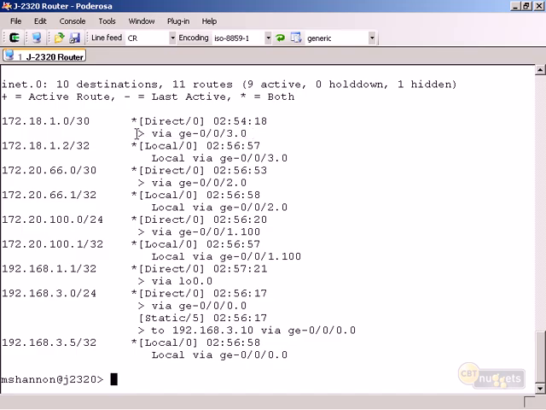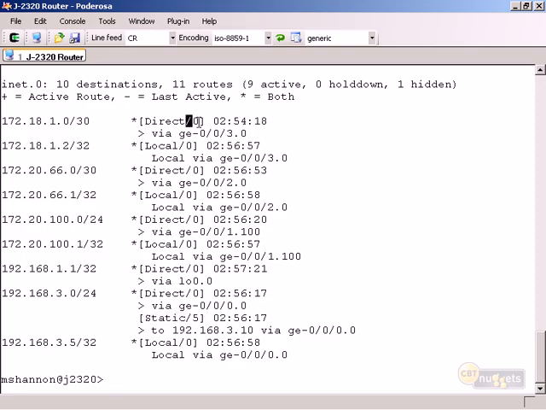The path, the greater than symbol, is going to be via the ge-0/0/3 interface unit 0, okay? So that's the method that we take to get to this network, 172.18.1.0/30. Direct is the route source, so it's a directly connected or local route or static route, or it could say OSPF, we'll see those here.